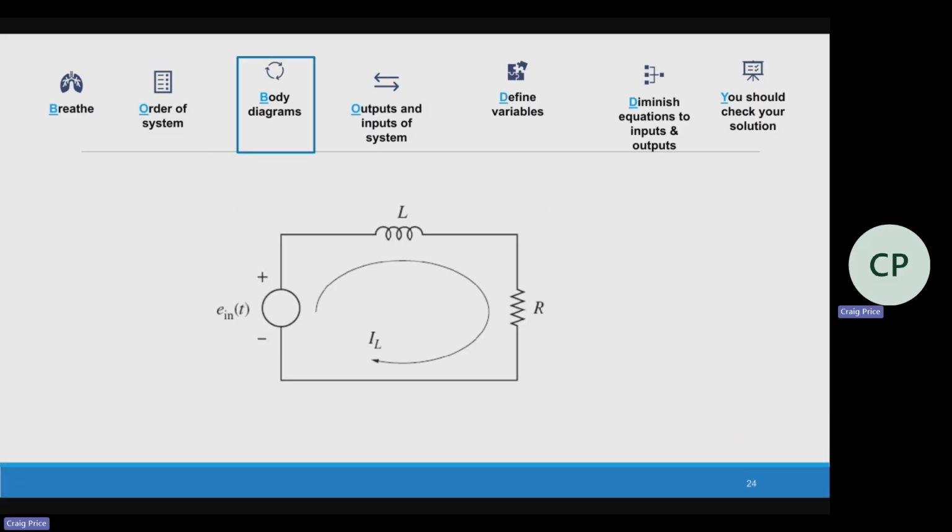Body diagram. Now, with this one, with circuits, I'm okay with homework, tests, if you just want to draw on the circuit. I understand you're not really drawing much different. Free body diagrams, that's where we do want to isolate the bodies, change springs to forces and stuff. But for this one, the only thing that I would add, because I have most of it here, is we already have the current.